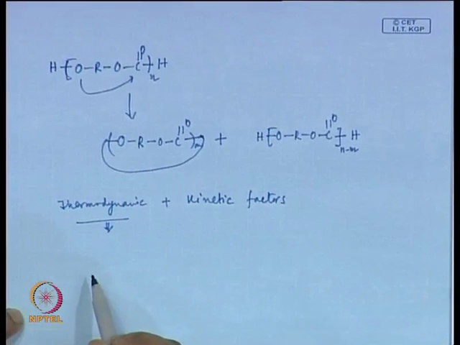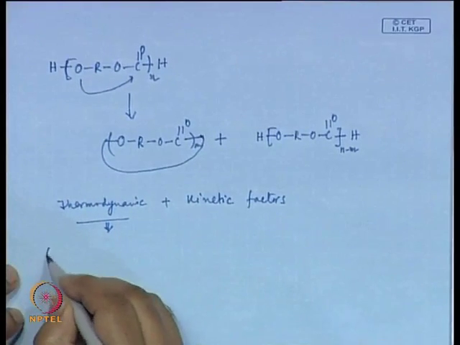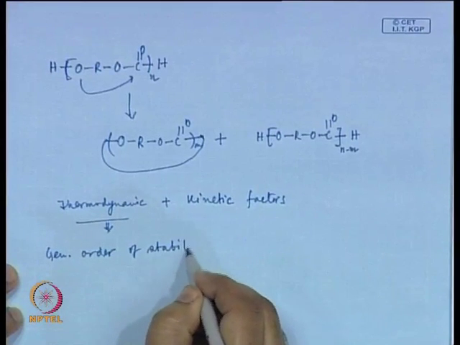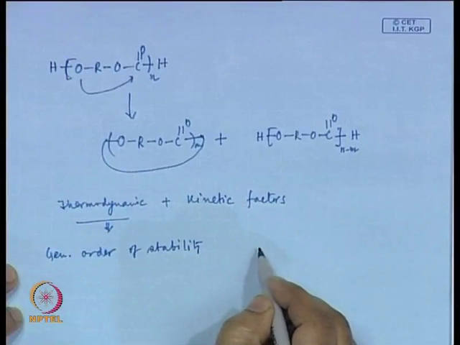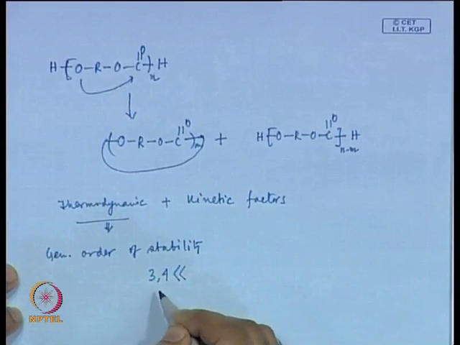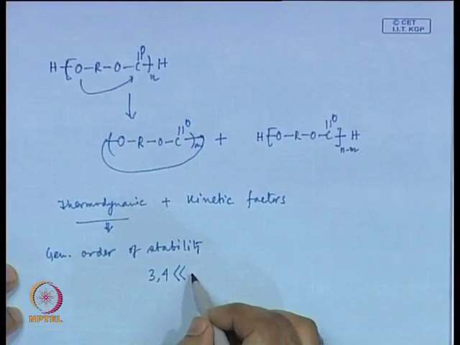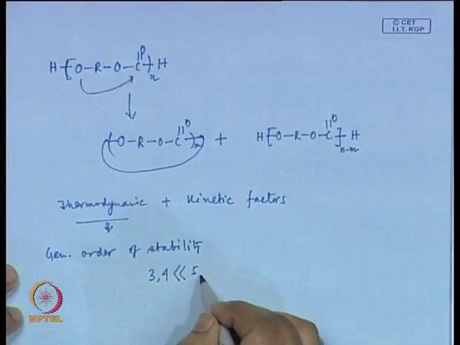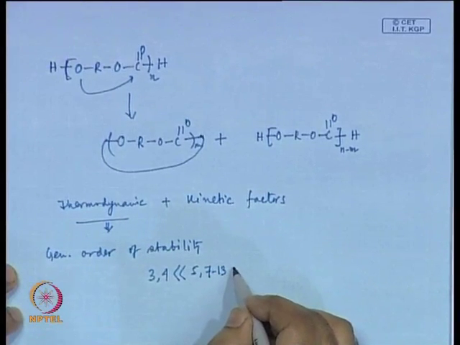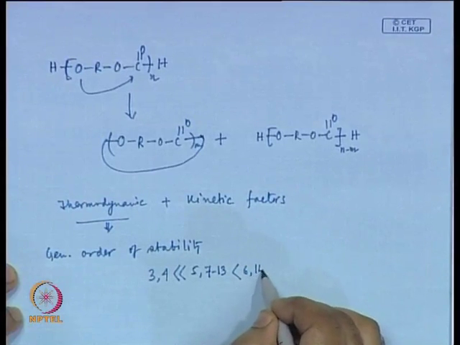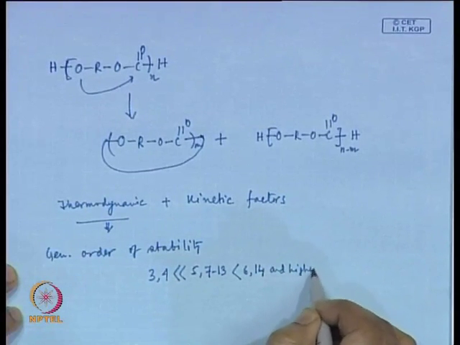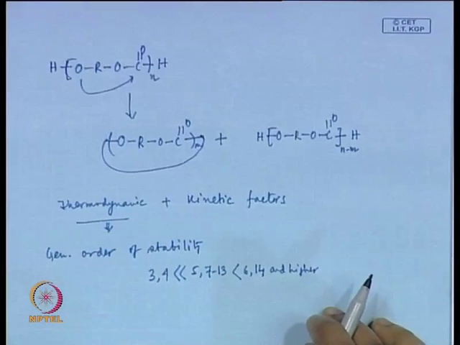For example, we know from our organic chemistry knowledge that the general order of stability of different ring structures follows this order: a ring containing 3 or 4 atoms in the ring is least stable, or lower stable, compared to a 5 membered or 7 to 13 membered ring, which is even lower stable than a 6 membered or a 14 membered ring and higher, and that we know from our organic chemistry knowledge.